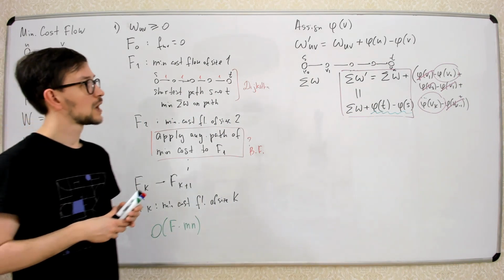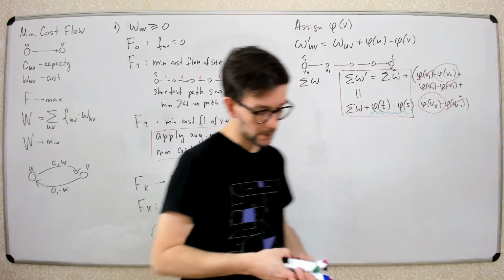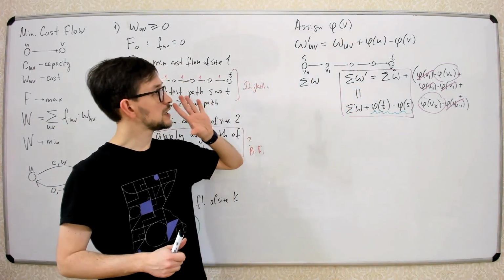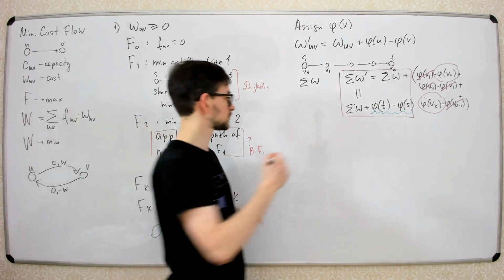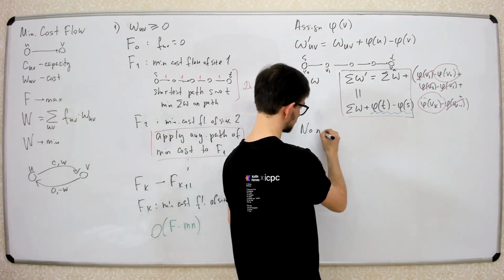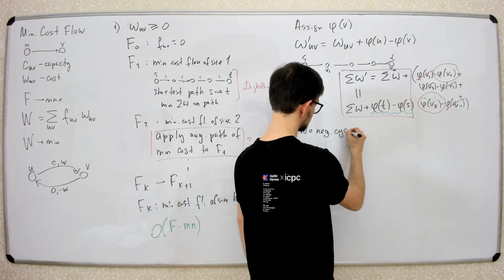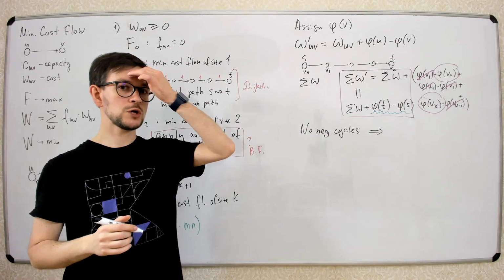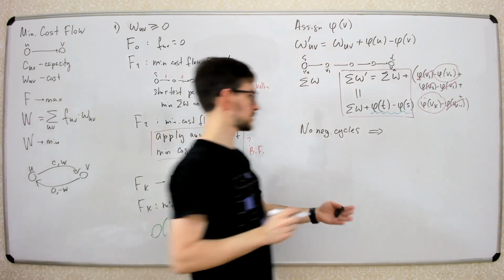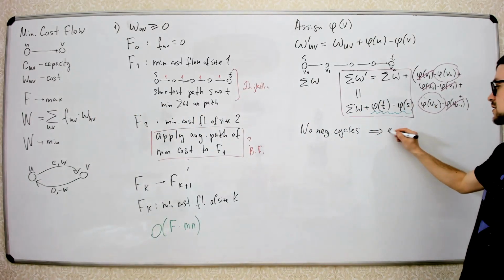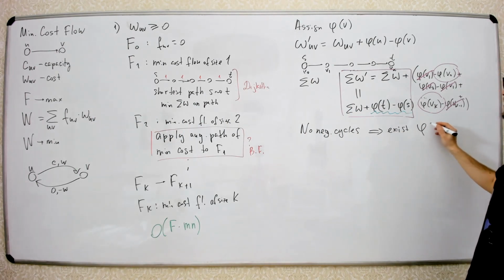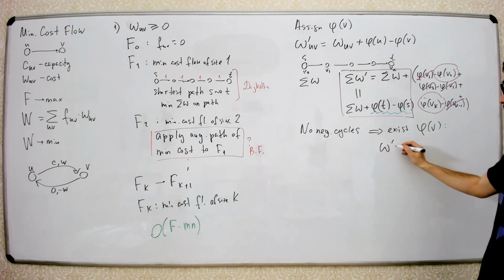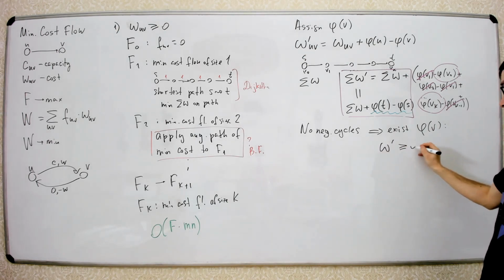Now, the next idea. An interesting trick is if you don't have any negative cycles, then you can find the potentials which will make all your edges non-negative. So there exists a set of potentials such that the weight of all edges is non-negative.